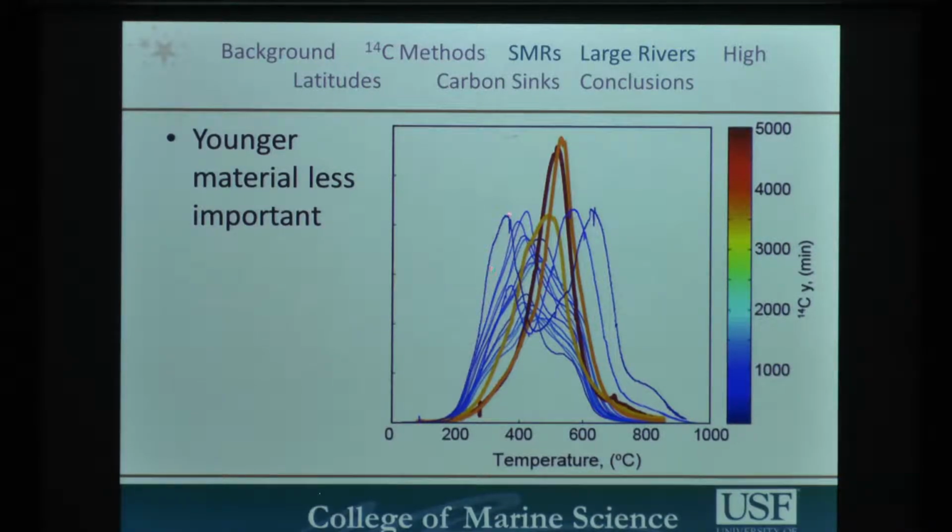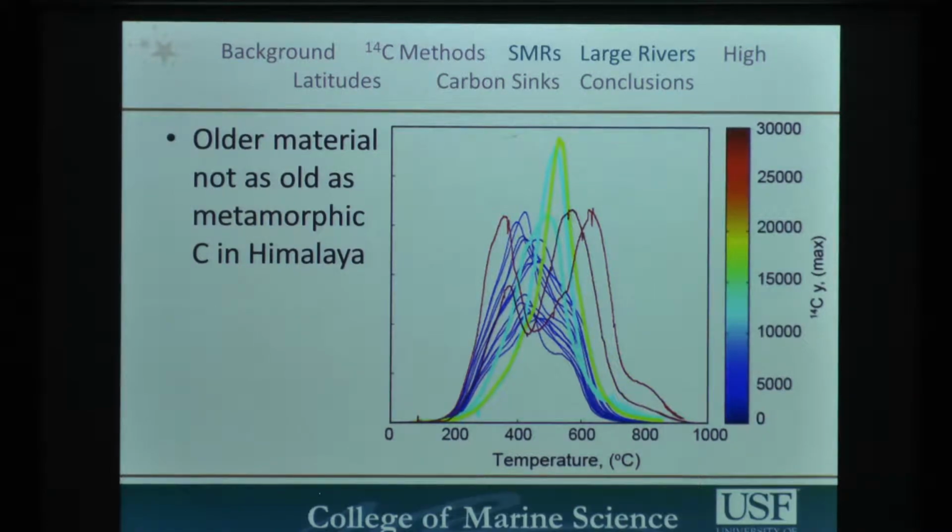Then even here, the Ganges Brahmaputra system disappears because its spectrum is so wide that it has very young, and it also has very old ages. So here's the oldest ages, and now again in the oldest ages you see the difference between the Mississippi and the Ganges Brahmaputra, and again the Eel River is different here, and it kind of represents a continuum.